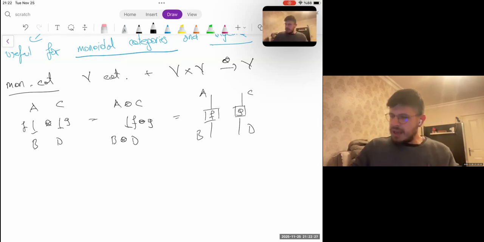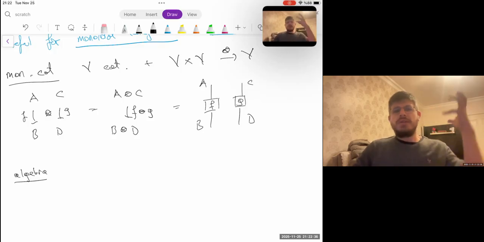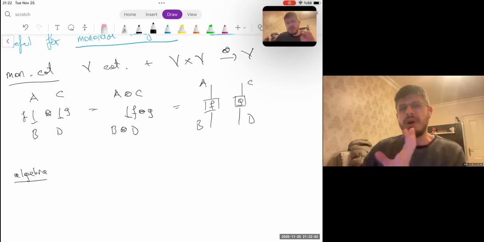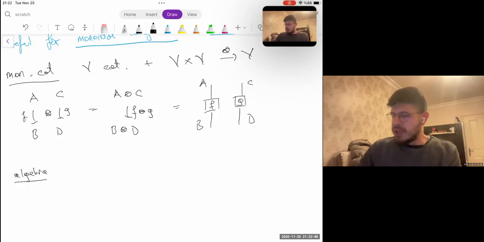But the reason I also mention algebra is that we would like to do algebra in monoidal categories, for example. That's just one corner of examples of a much more general idea, but just to motivate.